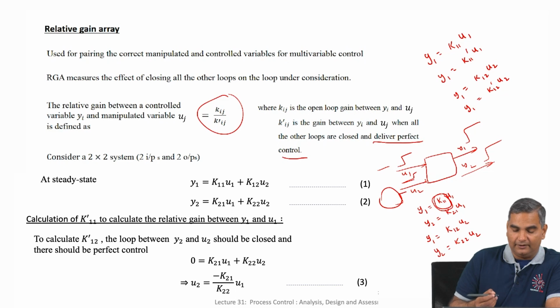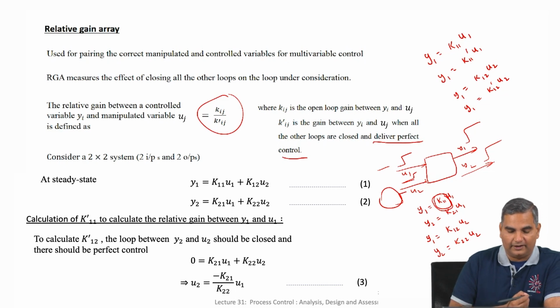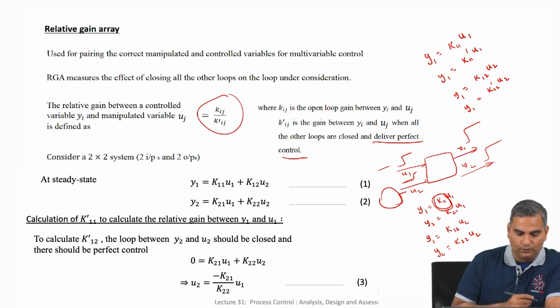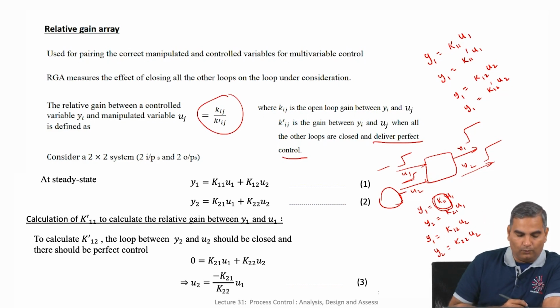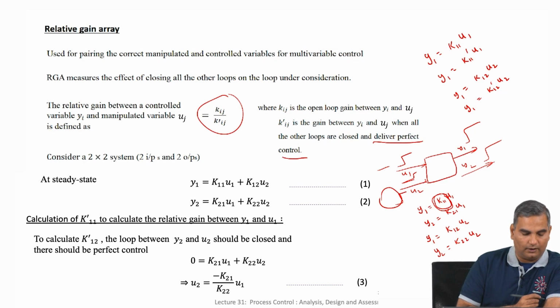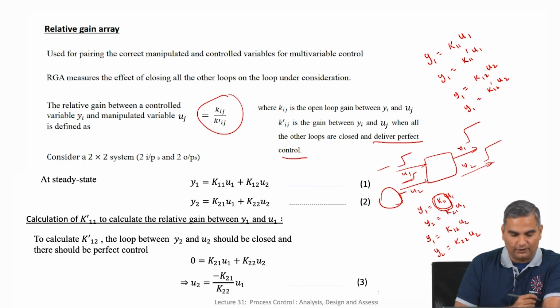So, ultimately if u1 and u2 have taken certain values, then I am going to have y1 is k11 u1 plus k12 u2, and y2 is k21 u1 plus k22 u2. Now, what I want to do is compute the relative gain array for the gain between y1 and u1.